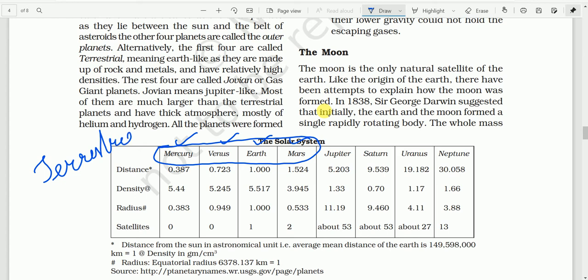Terrestrial planets. Terrestrial means Earth-like. Mercury, Venus, Earth, Mars are known as terrestrial planets.